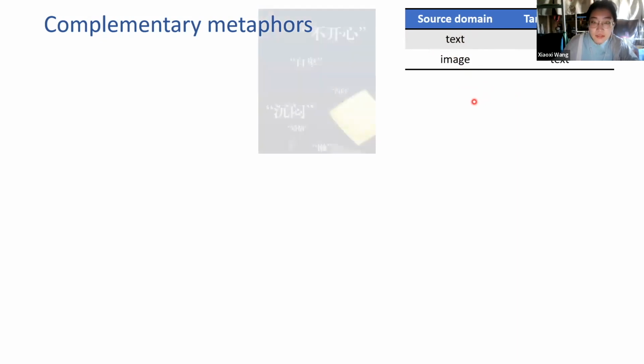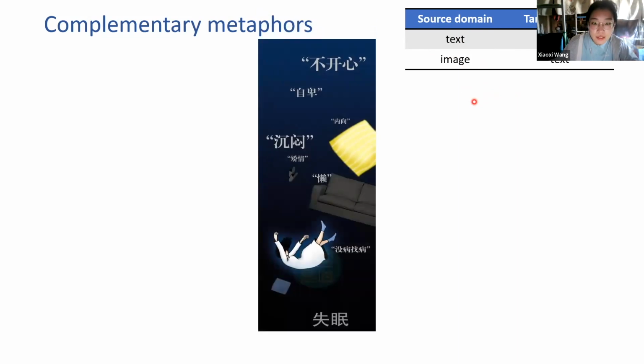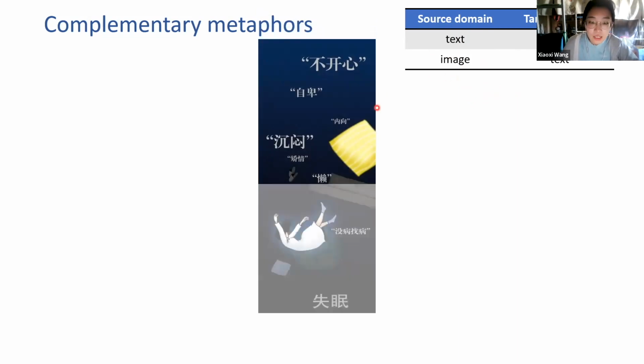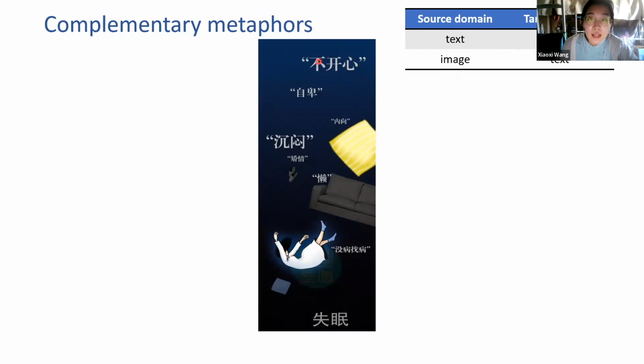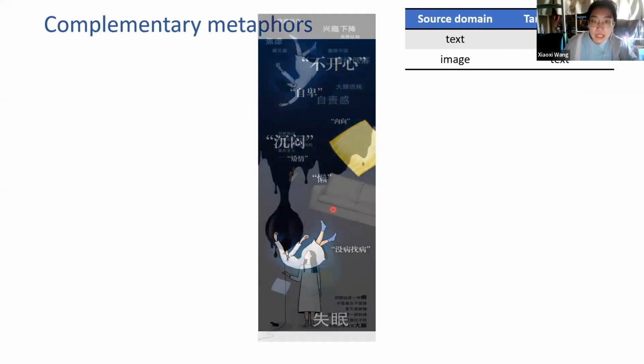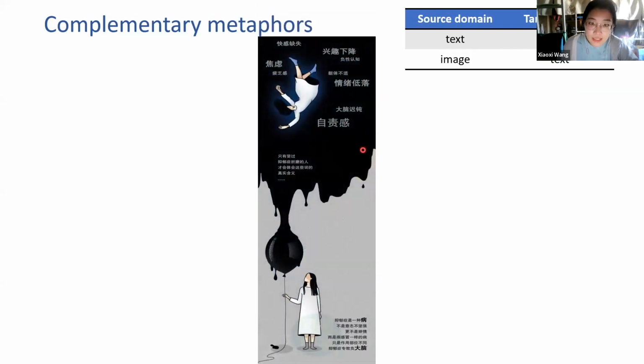So in these webtoons, as you can see, here are some Chinese characters: unhappy, introverted, and lazy. Those are negative comments to the girl who is falling down. And as you can scroll, here are some other kinds of negative symptoms that the girl has.